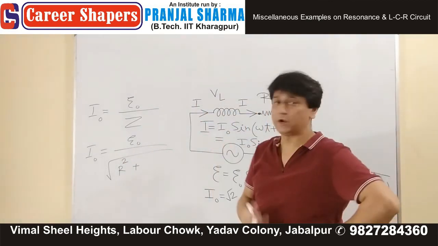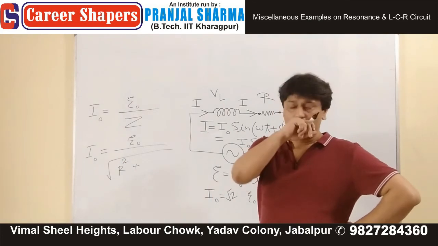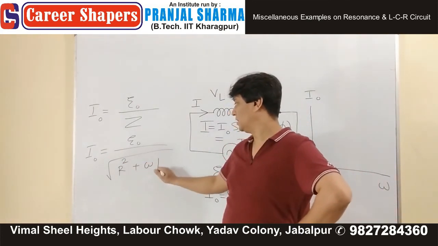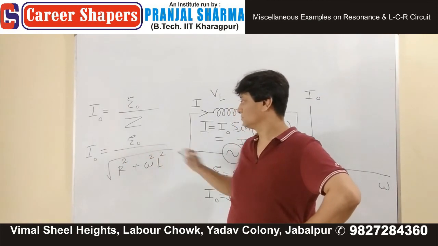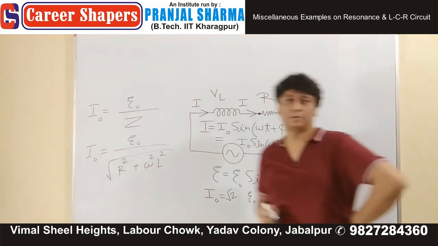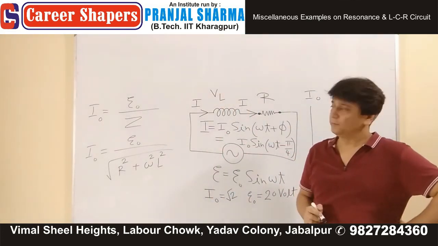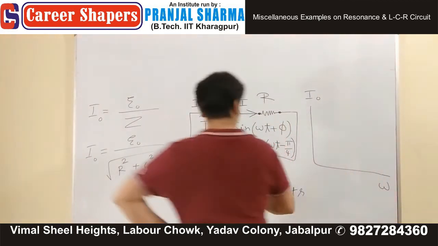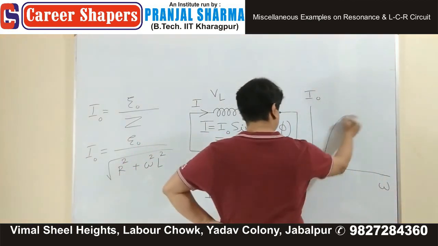XC is not present, only XL is there. XL, what is XL? Omega L. This is something which you need to plot. Now, why did I ask this question? Because many of you will again go for this type of thing.